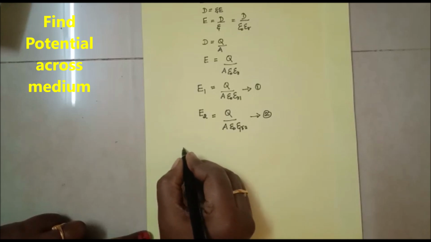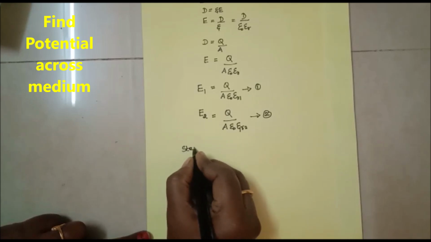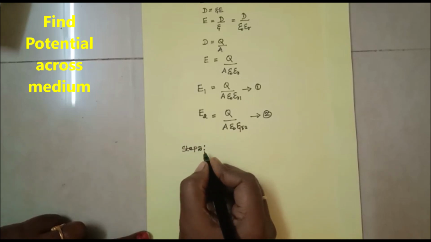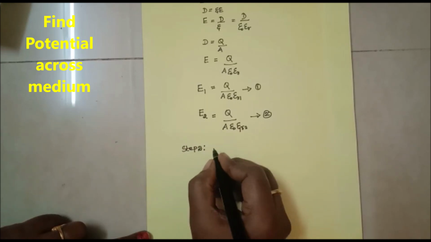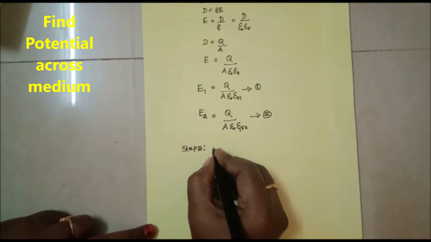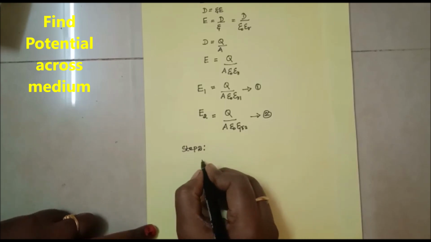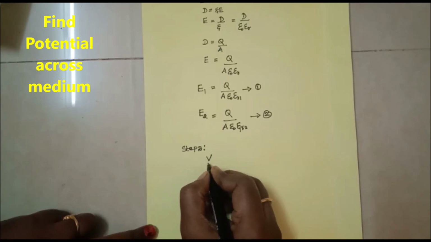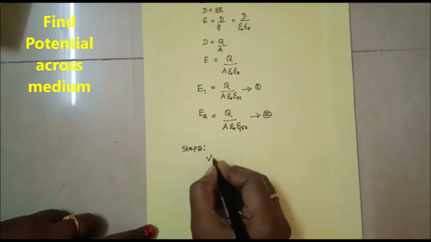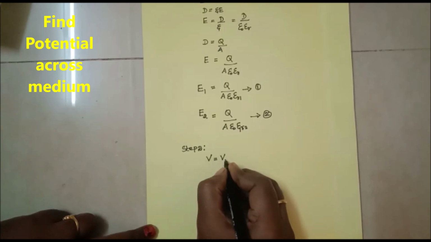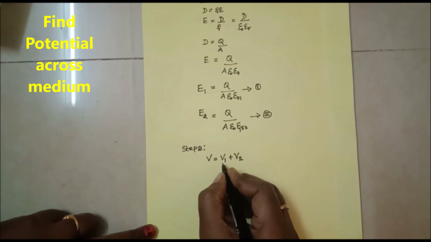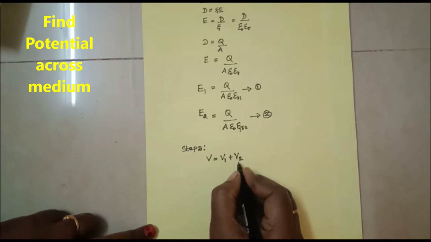Next we see step 2. So what is step 2? Step 2 is to find the potential across medium 1 and medium 2. So here we assume the potential across medium 1 and medium 2 can be taken as V, where V can be written as V1 plus V2, the sum of the potential across medium 1 and medium 2.